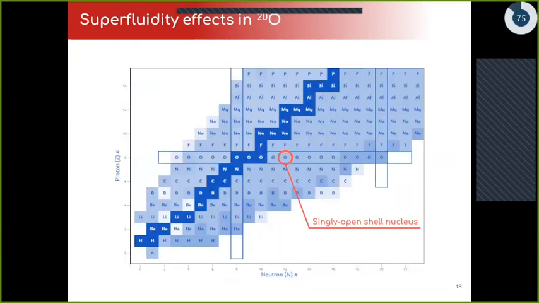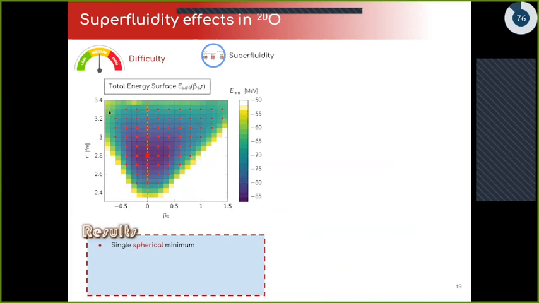The last result I would like to show you is the one I obtained for oxygen-20. Why is this interesting? Because we wanted to investigate superfluidity effects along an isotopic line. And you can see that the total energy surface is not particularly complex.